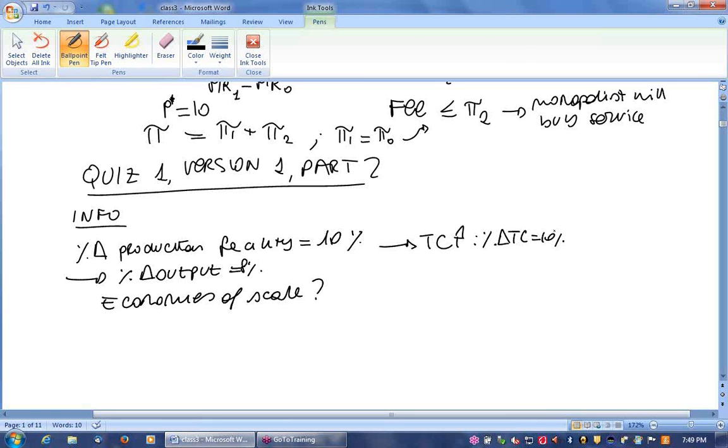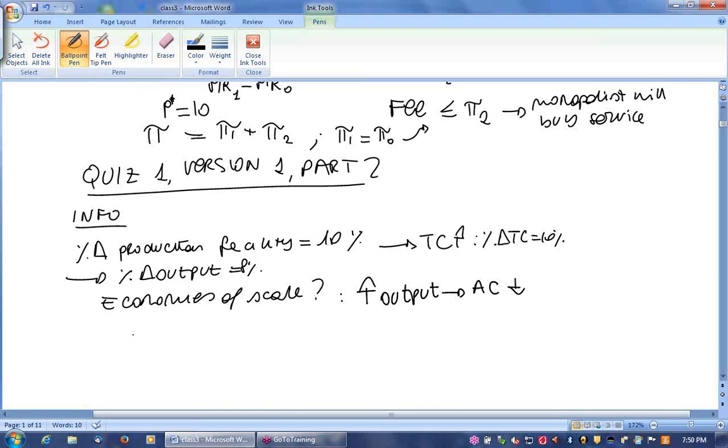Now, economies of scale, what does it mean? That whenever you increase the output, the average cost is going to decrease, so that you want to produce more so that your costs are less.